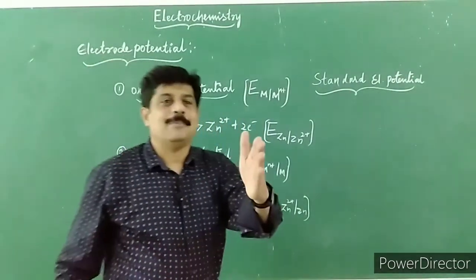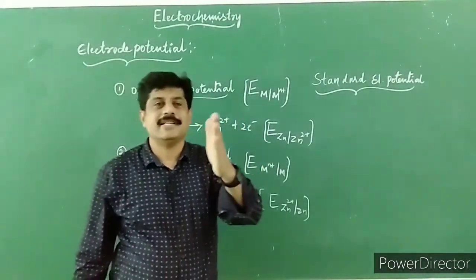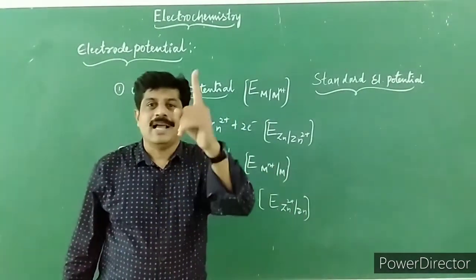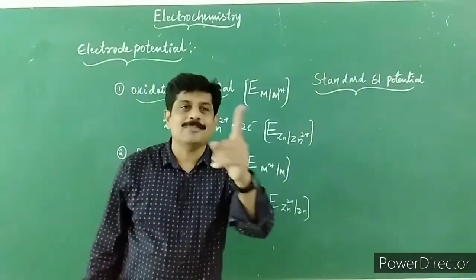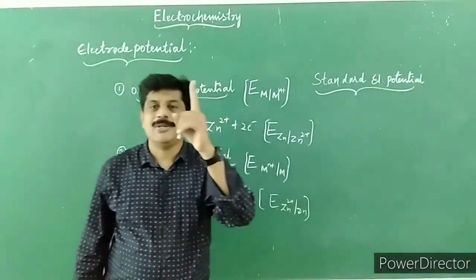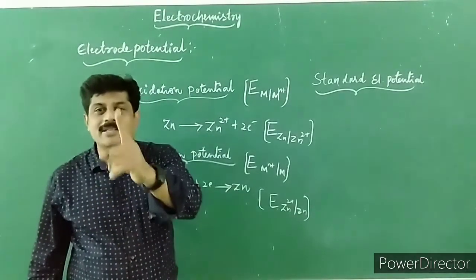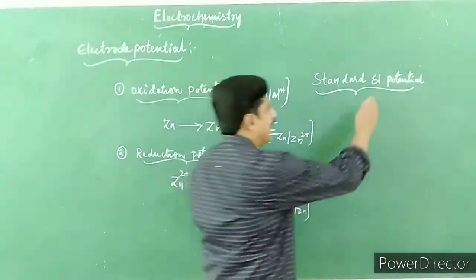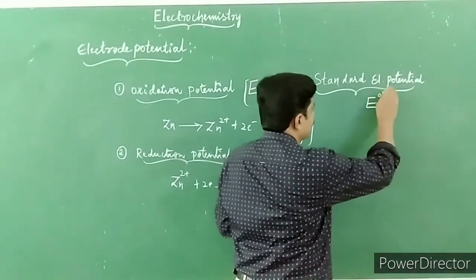Children, the potential difference set up between metal electrode and its solution of 1 unit molarity at 1 atmospheric pressure and 298 Kelvin is called standard electrode potential and is denoted as E0.